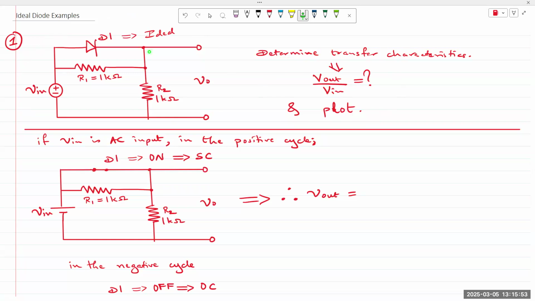So we don't know what V in is. V in could be DC, V in could be AC, square wave, sine wave. But let's say V in is an AC that covers all values, whether positive or negative. So if V in is a sine wave that looks like this, or maybe a square wave that looks like this, we can analyze for both half cycles, positive values as well as negative values.